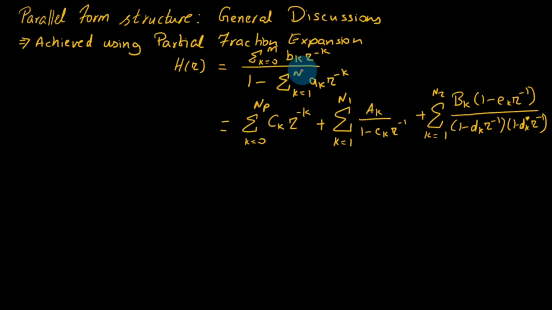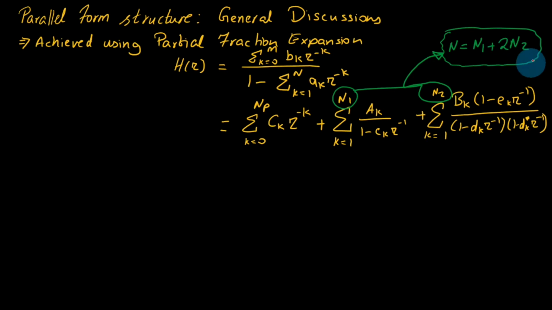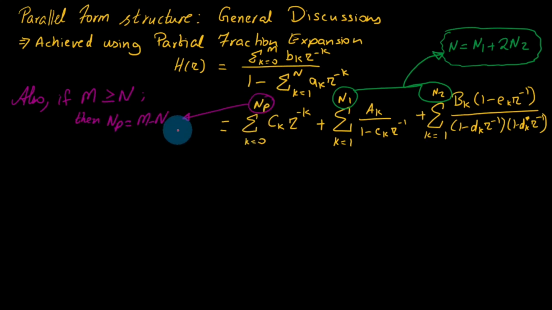More specifically, this order n is n1 plus 2 n2 because there is a conjugate pair, dk and dk conjugate. Also, if m is greater than or equal to n, as in the previous example, then Np is equal to m minus n, else this term is removed.